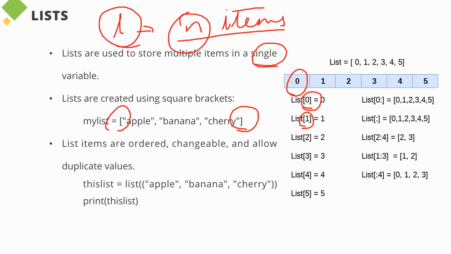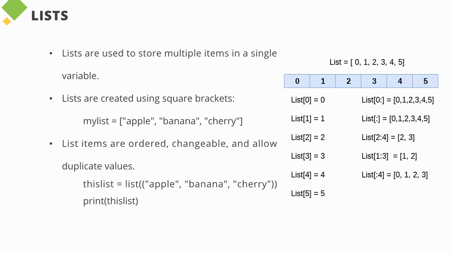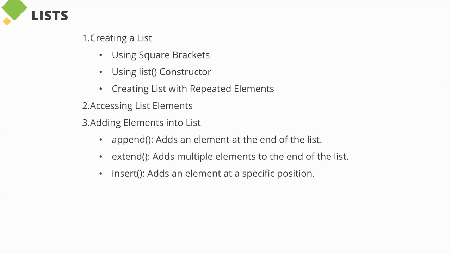In the same way, you can use the concept of slicing, which we discussed in our previous videos. If you go with an index of list from 2 to 4, from the second location to the third location, the fourth is excluded, so we will be printing 2 comma 3. Like this, we will be using slicing. Now let's see how to create a list, how to access a list, and how to add elements. We'll be seeing each of them.